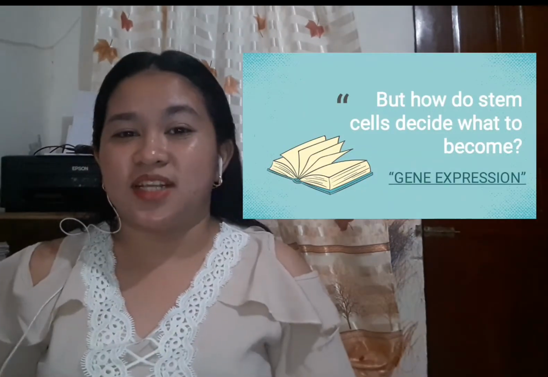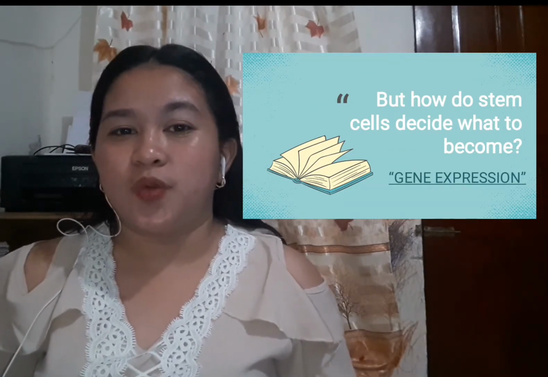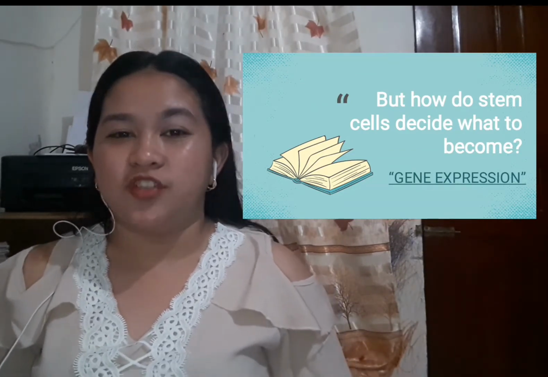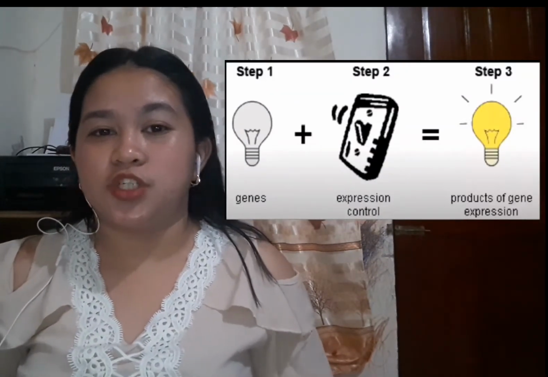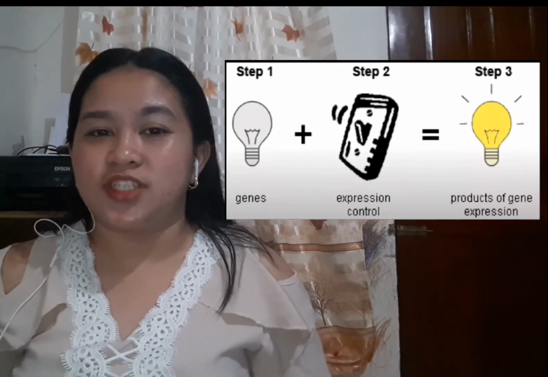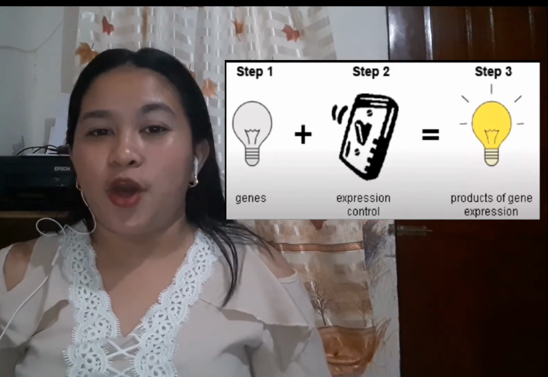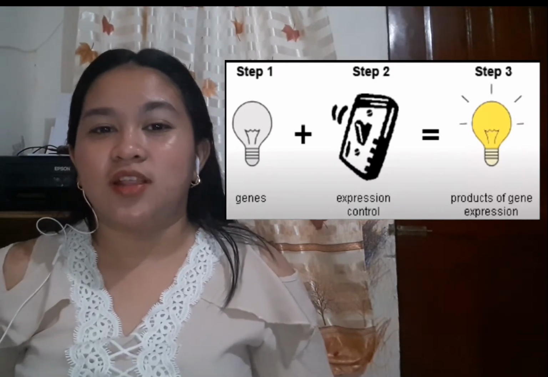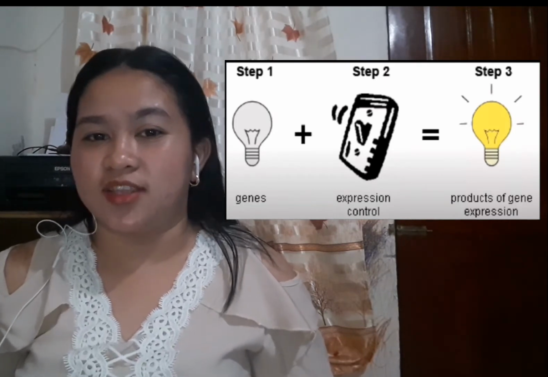But how do stem cells decide what to become? Well, that's when we come to the idea of gene expression. Genes are the light bulb and the switch is the expression control. When the light switch is in the on position, it means that genes are expressed. On the other hand, when the light switch is in the off position, it means that genes are not expressed.